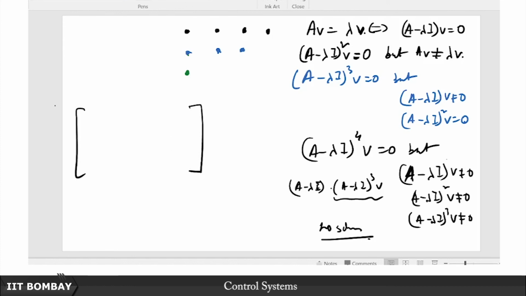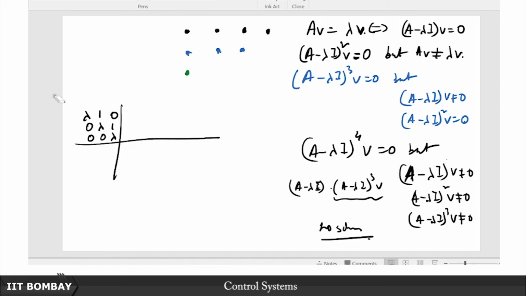So the Jordan canonical form that we are shooting for will look something like this. I will have lambda 1 0, 0 lambda 1, 0 0 lambda, that is one chain. There will be 4 chains, so let me make that a little bigger.